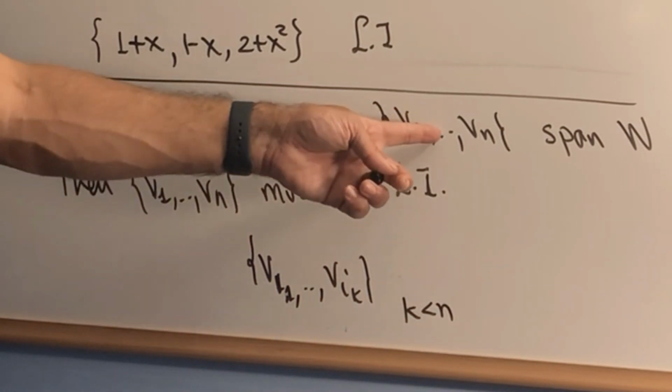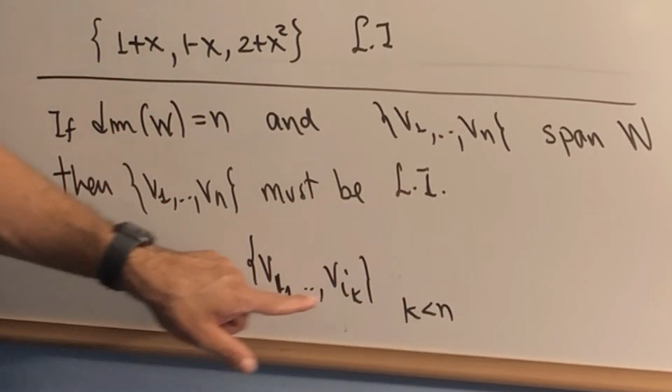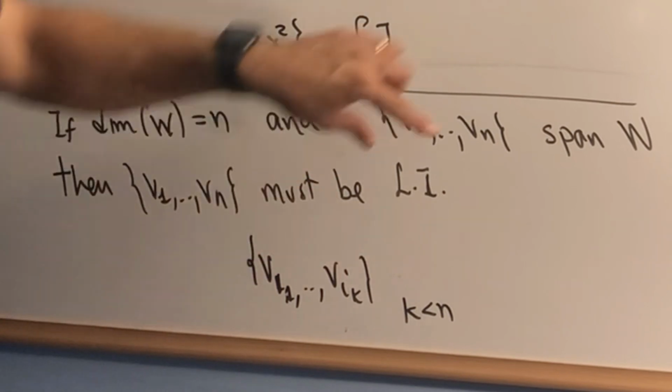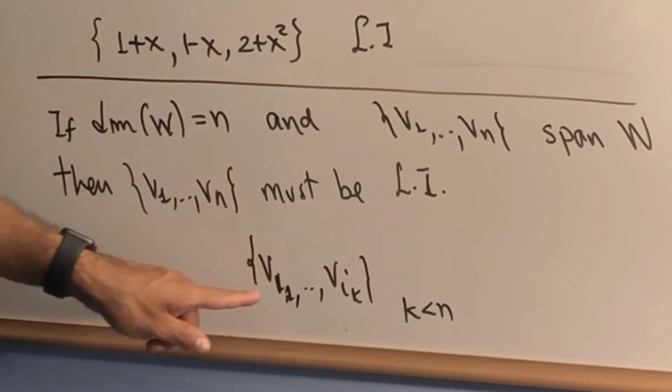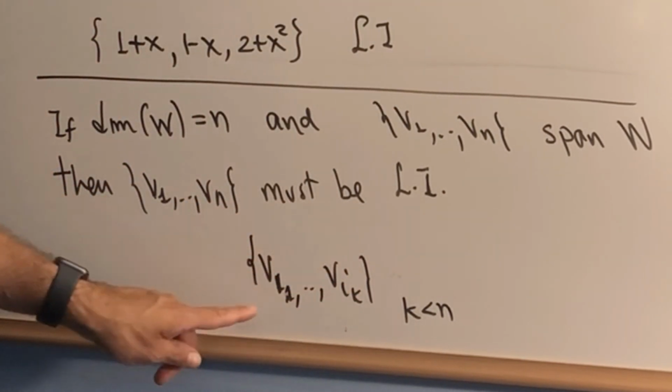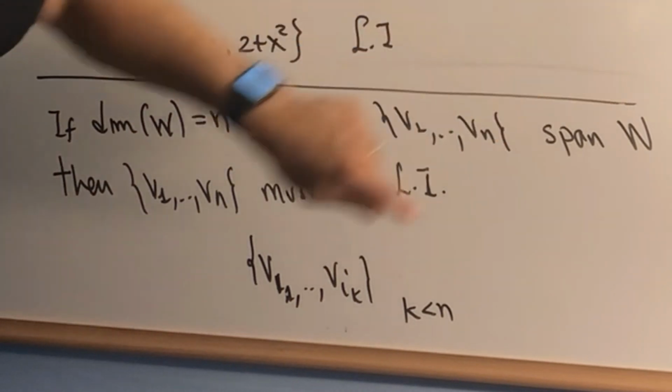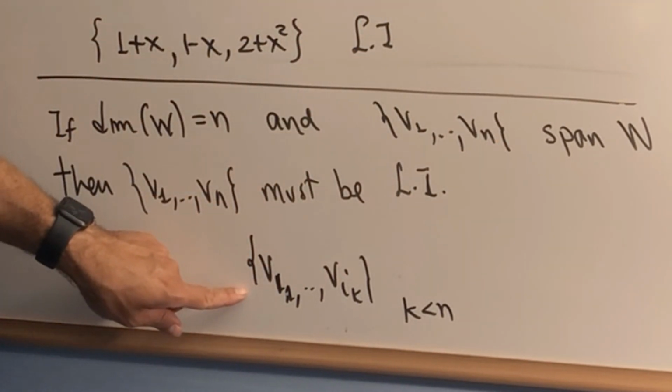If we assume that they are linearly dependent, then we can take a subcollection of vectors from here such that they span the same set, span the whole W, and they are linearly independent.